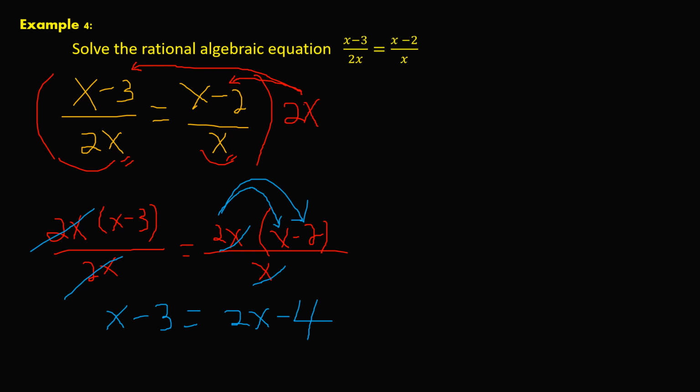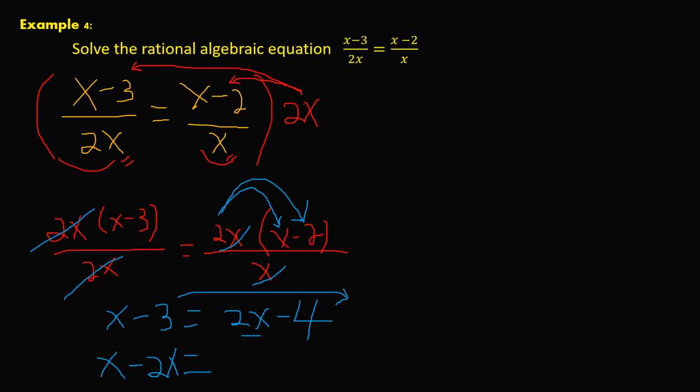And by combining similar terms, we have x to be joined by 2x here, but we have to transpose it to the left side, so it becomes negative 2x. And on the right side, we have to transpose negative 3 to the other side.